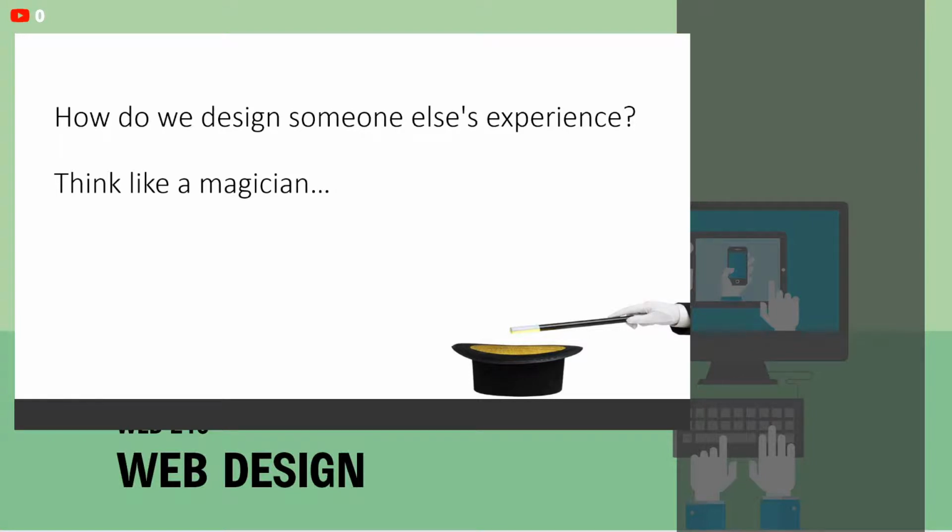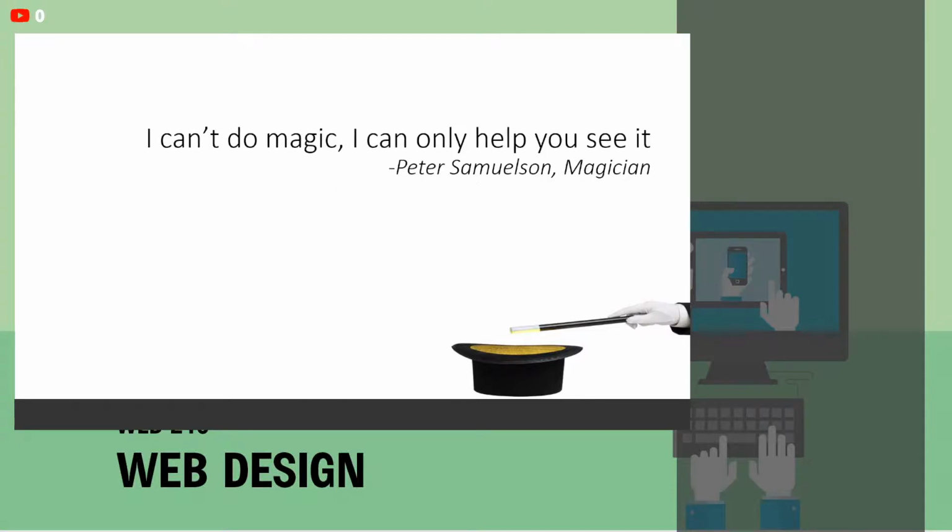I think the whole idea behind this is summed up very well by a quote from a famous magician, Peter Samuelson, who said, "I can't do magic. I can only help you see it." Any magician you've ever seen, whether it's Penn and Teller or Peter Samuelson or Criss Angel or David Copperfield, they're not wizards. They're performing sleight of hand.